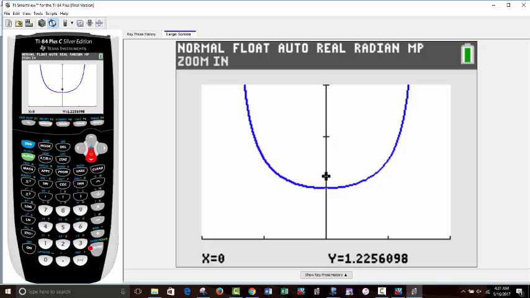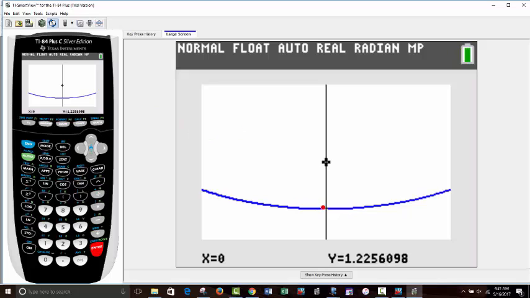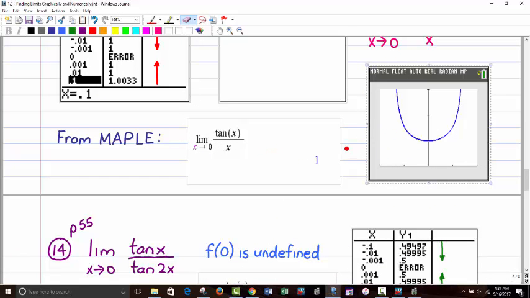It just looks visually like it's continuous, but if you look real close, I think you can see there's a gap there. In other words, the function value does not exist at 0, but the limit did equal 1. That's the y value.